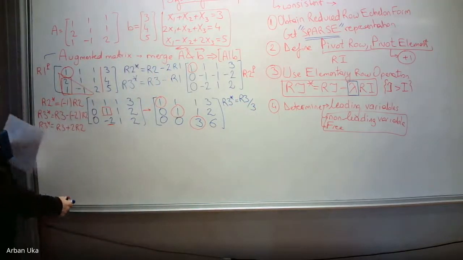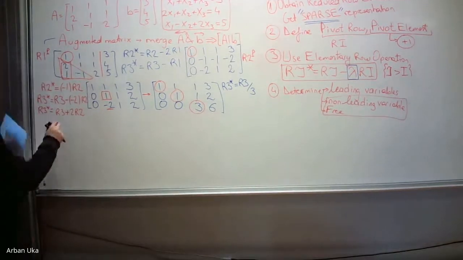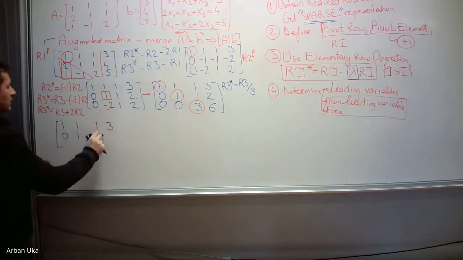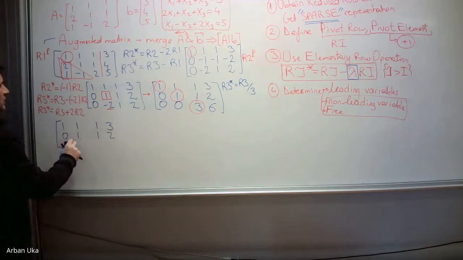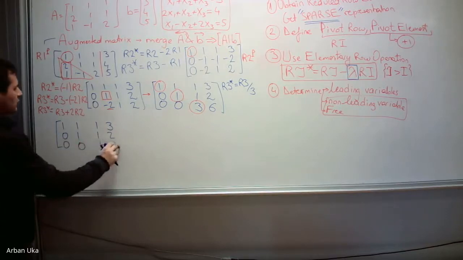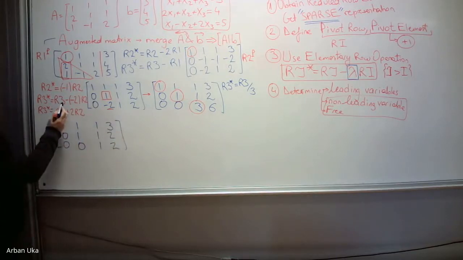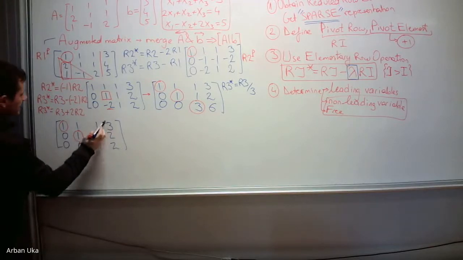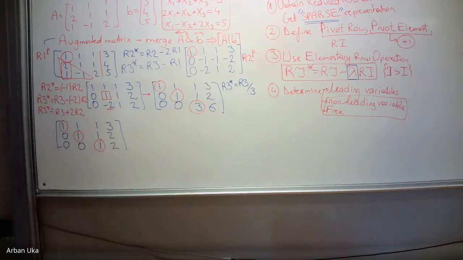Okay? So if this is row 3 divided by 3, what we get, the next step is the following. 1, 1, 1, 3, 0, 1, 1, 2, and here we have 0, 0, 1, 2. Okay? So again, we have leading numbers like these, and so on.